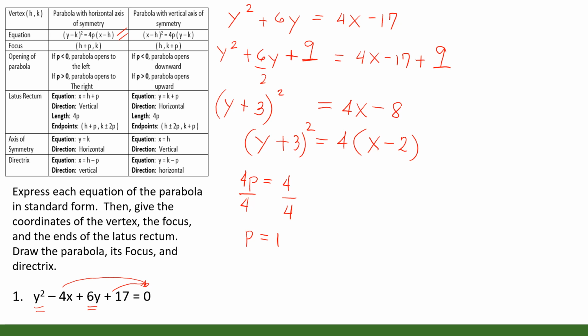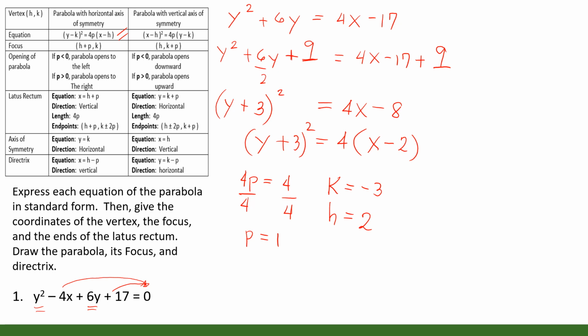Meaning, the value of our k is negative 3. And then our h value, x minus h, so x minus 2, of course, our h is positive 2. So these are the values of h and k. So meron na tayong tatlong values, p, h, and k.